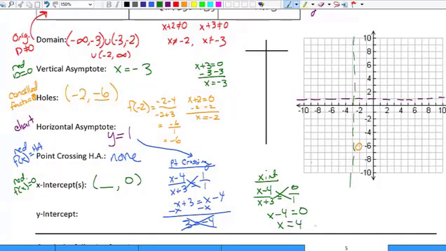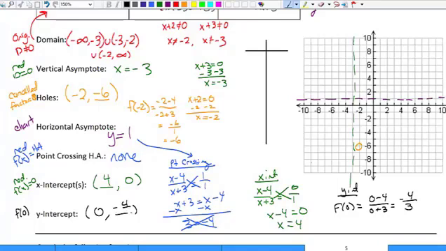A faster way of doing that would probably have just been to set the numerator equal to 0. And the last one is to find the y-intercept, which is always 0 comma something. In this case, to find the y-intercept, I'm going to evaluate f of 0. That turns out to be negative 4/3.